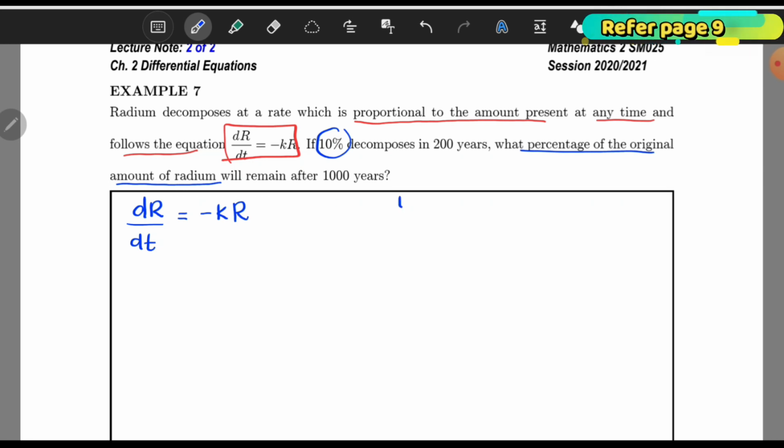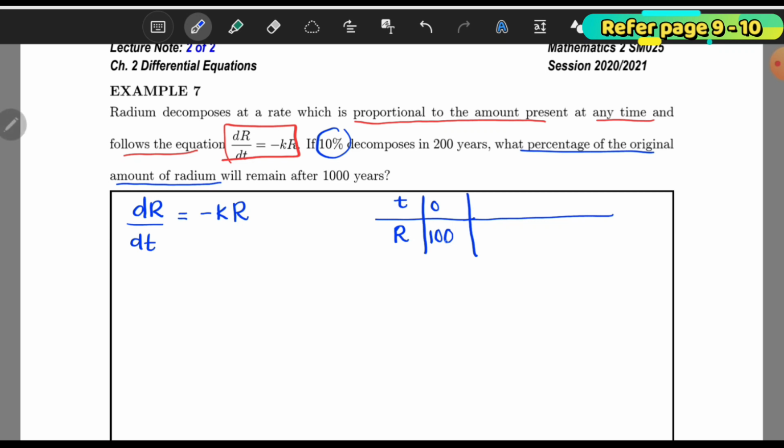So at first, when t equals 0, your radium is 100%. So this is the initial amount. When the radioactive material decays, it emits 100% of the radioactivity.